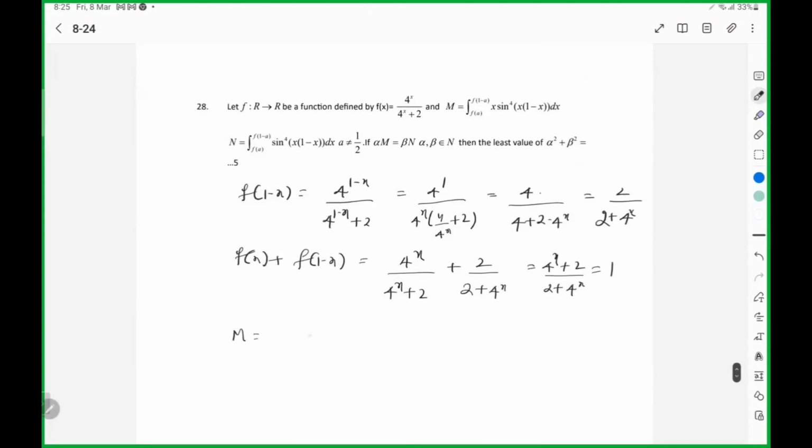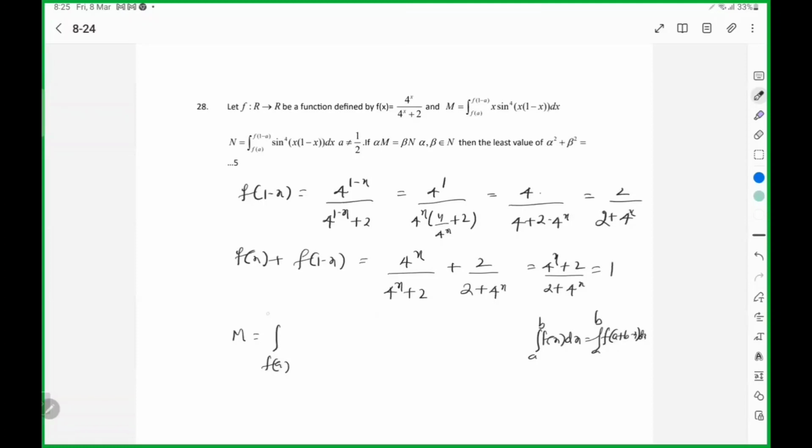So here, integral a to b of f(x) dx is integral a to b of f(a plus b minus x) dx.